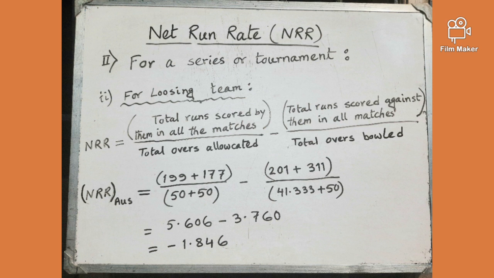The formula gives us the net run rate as minus 1.846. That exactly reflects in the point table we have seen earlier.